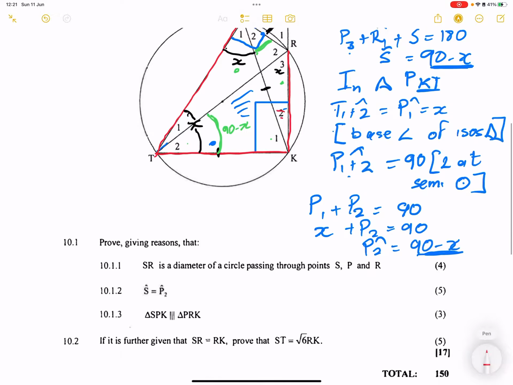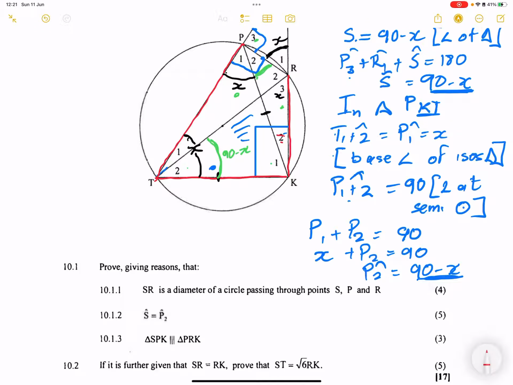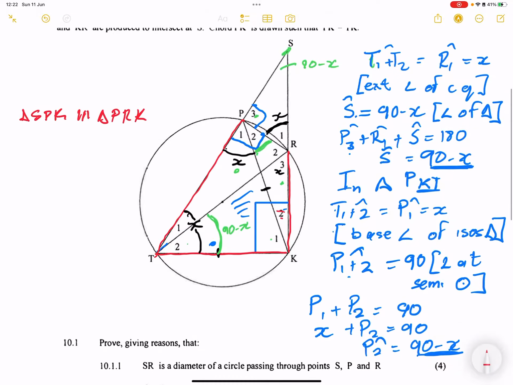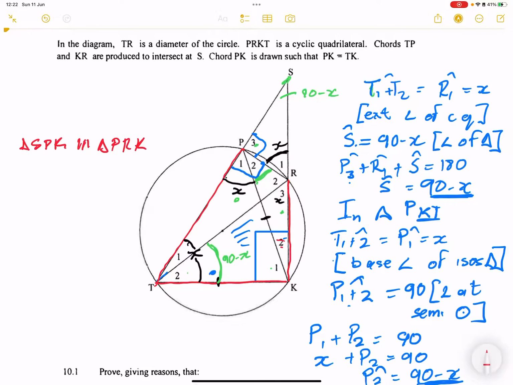Let's keep in mind we're trying to prove triangle SPK is similar to triangle PRK. In fact, let me just write it at the top there: SPK similar to triangle PRK. Now let's try and go for that.